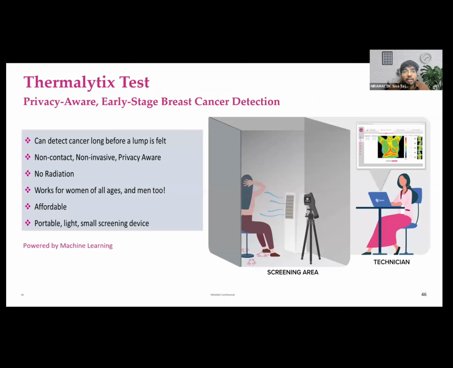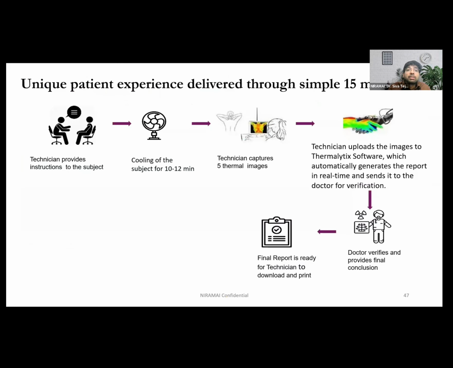So yeah, these things Geeta has covered. Just to give a brief overview of how the screening happens: when a participant comes, the technician explains how the screening is done. We cool the participant for 10 to 12 minutes because they might be wearing tight dresses or coming from a hot environment.